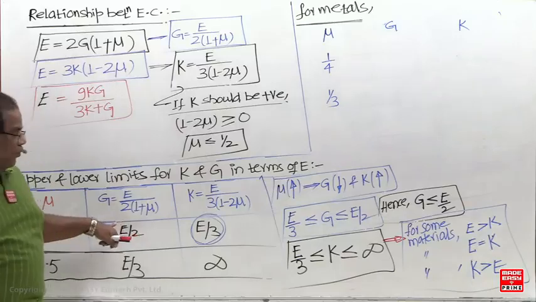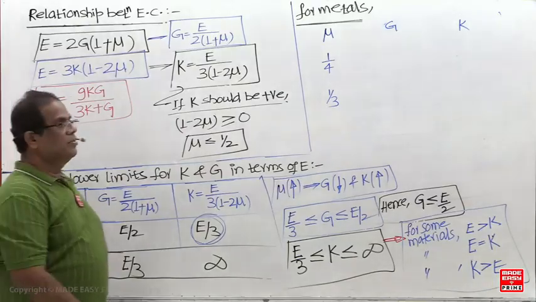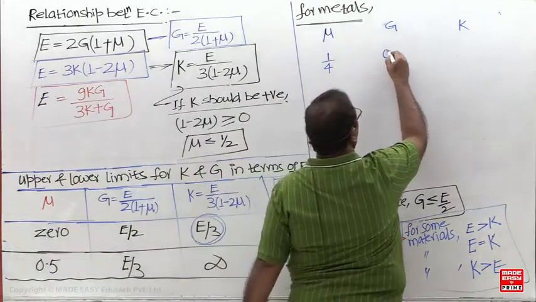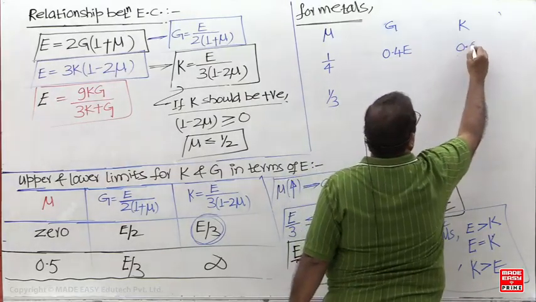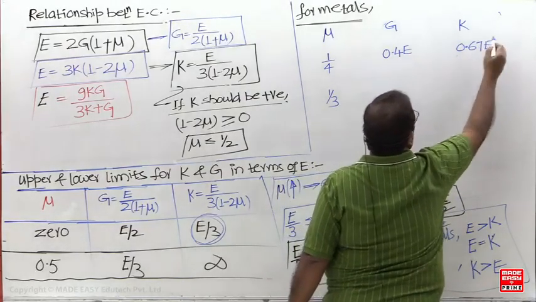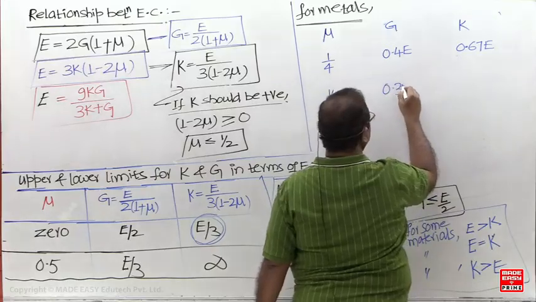Substituting 1/4, this is 0.4 E. Check these values. This is 0.375 E.